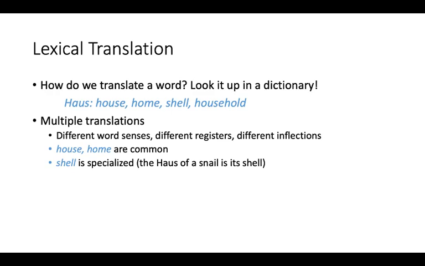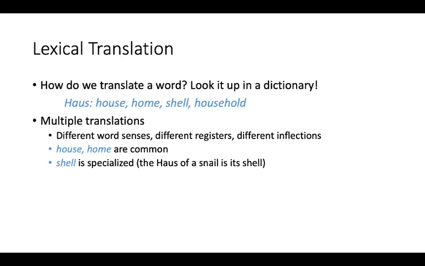There's an example here. Haus is a word in German, and it will be translated to house, home, or shell. We know that the lexicon translation might not be one-to-one. It would be one-to-many, so there are multiple translations. Some are very common.